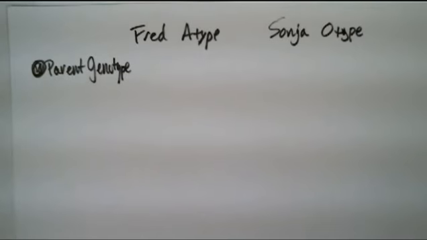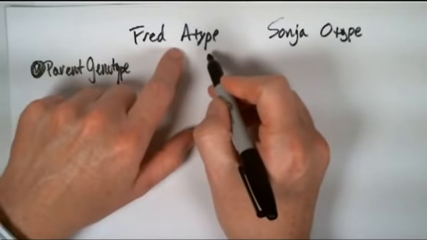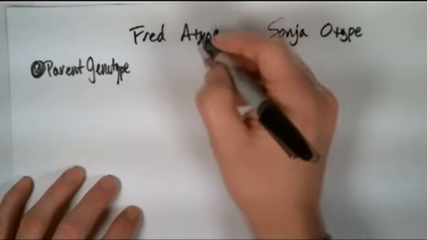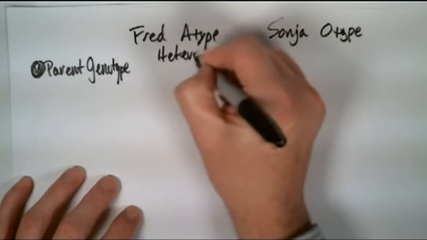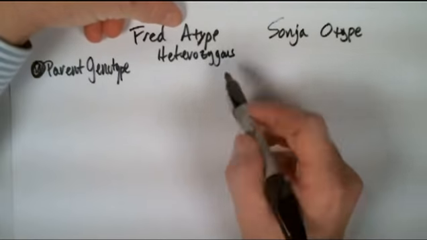Now, the original problem asked for gender, and we'll deal with gender in another video. But Fred is A-type, and he says he's heterozygous for A-type. If he's heterozygous, then he's going to have two different alleles.